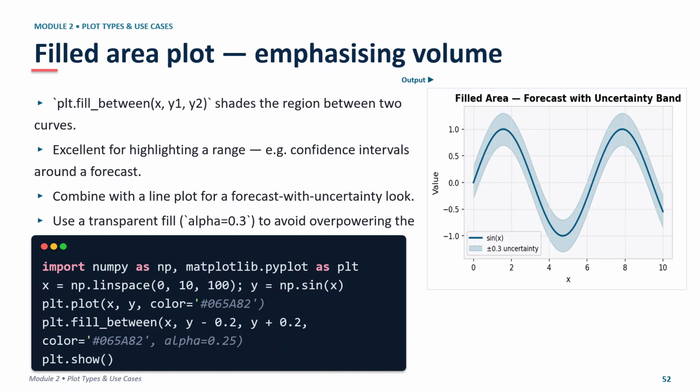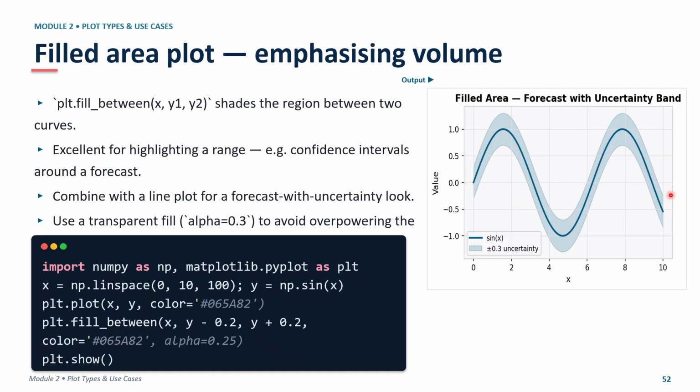And next is the filled area plot. This is a versatile tool that adds emphasis and context to the line chart, something more interesting than a line chart. You can shade the line chart. It shades the area between two curves.